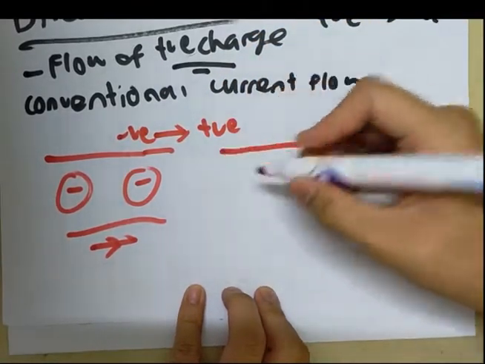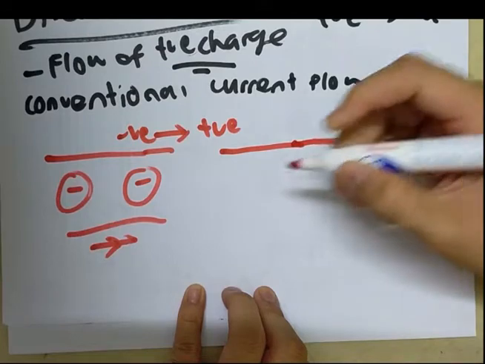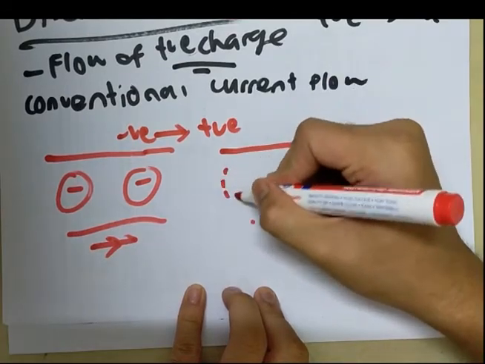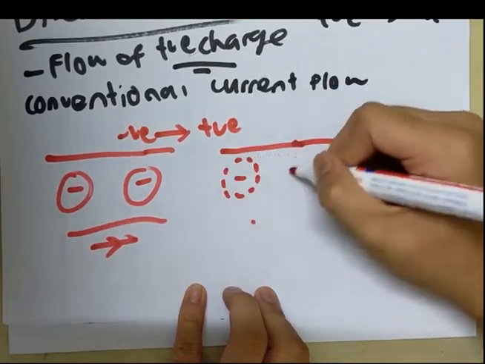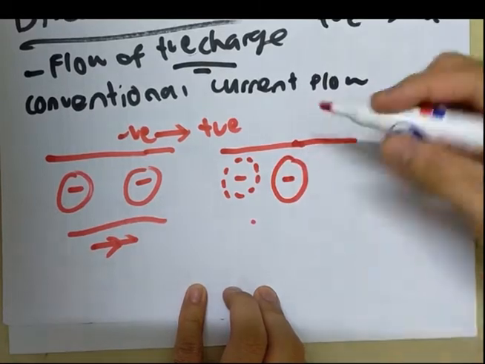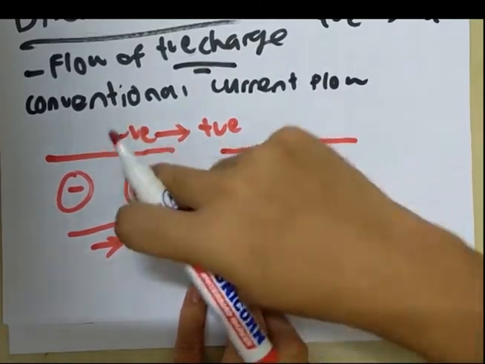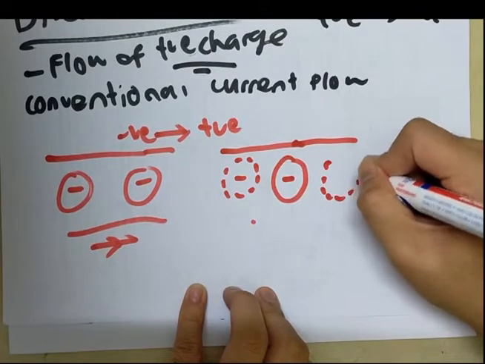When one electron moves, this one will go here, then this one will also move and it will form a hole.